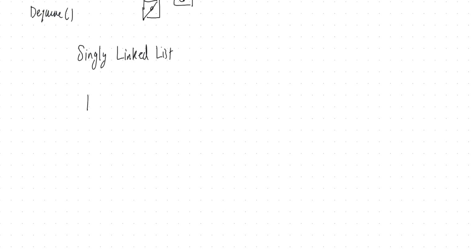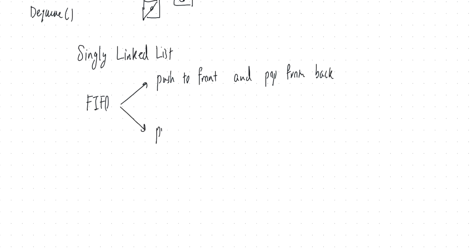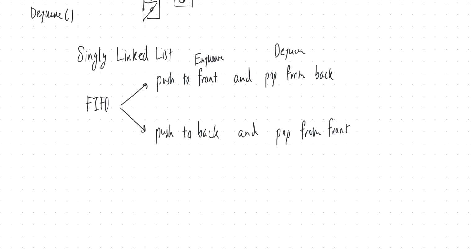So you should either push to the front and pop from the back, or the opposite, push to the back of the linked list and pop from the front, as your NQ and DQ. But here, the situation is not symmetric.